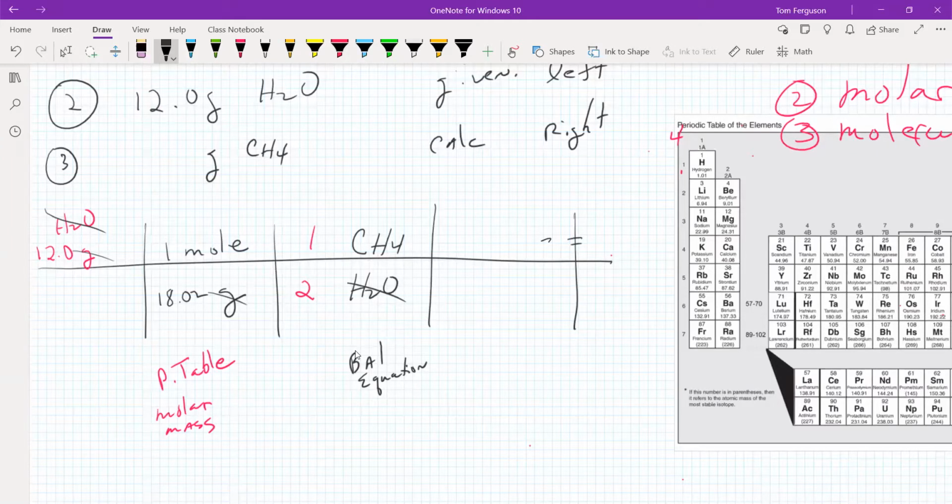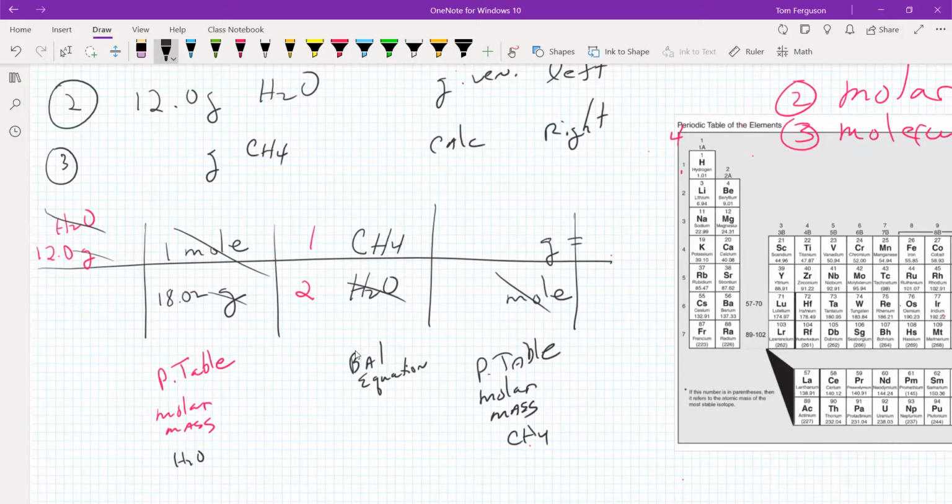That's going to be grams over moles, and notice moles cancels. What are we left with? Grams of methane. This is from the periodic table again. So this is the molar mass of water, and this is the molar mass of methane, CH4.